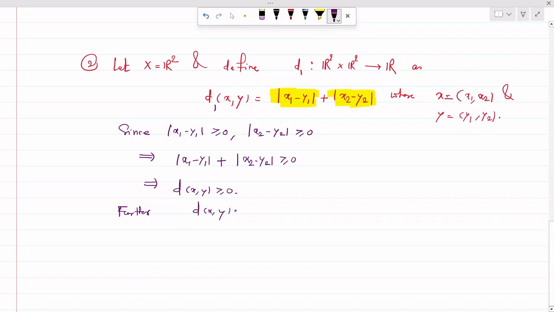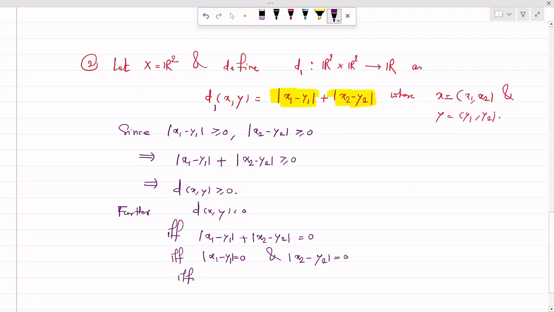So d of x y equals 0 if and only if, by definition, mod of x1 minus y1 plus mod of x2 minus y2 equals 0. We can easily identify here that both of these numbers are non-negative, right? So the addition is 0 only when both of them are 0. So this is possible if and only if mod of x1 minus y1 equals 0 and mod of x2 minus y2 equals 0.